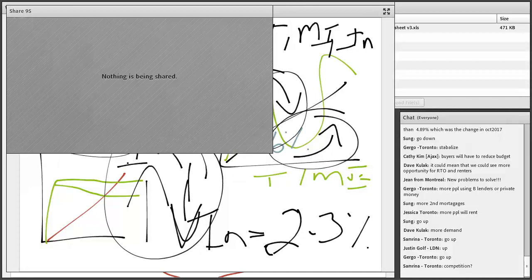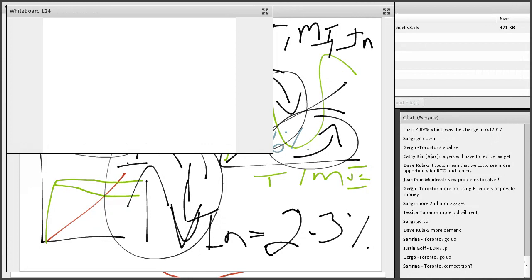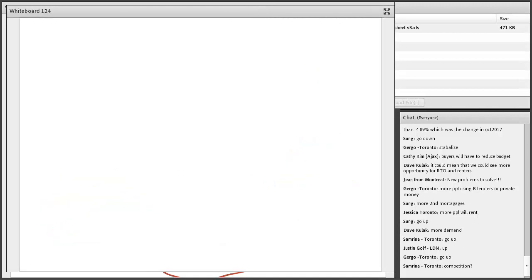We want to revisit cap rate. Okay. So cap rate. Let's revisit that for a second because I think it's important here.